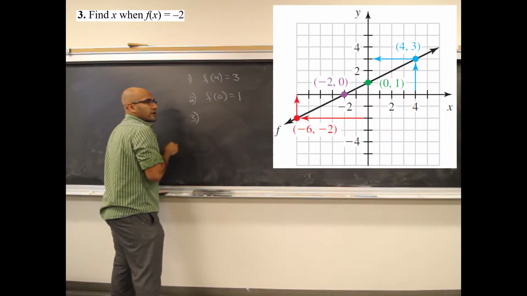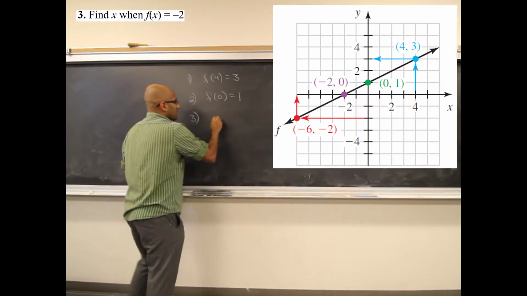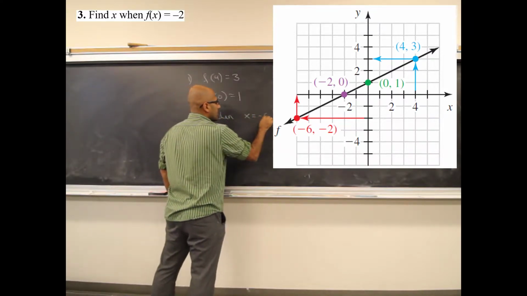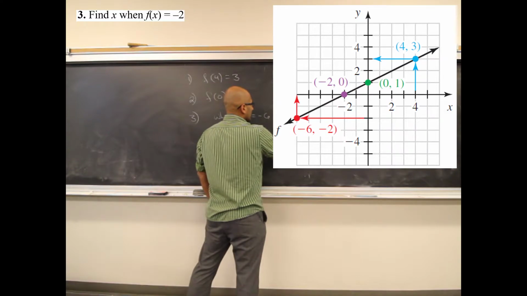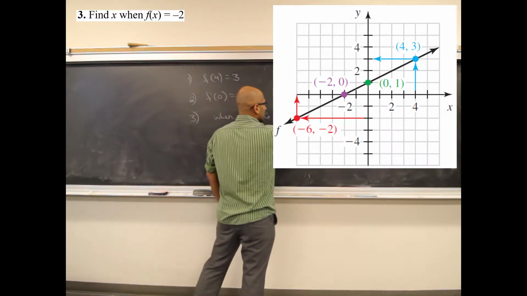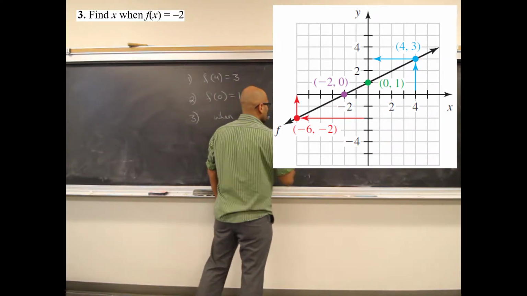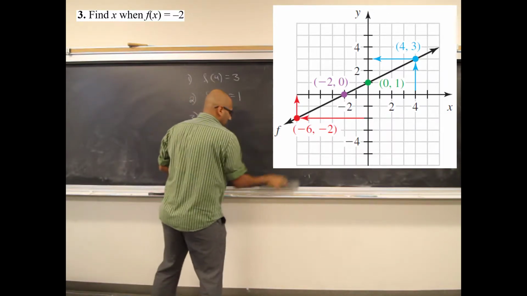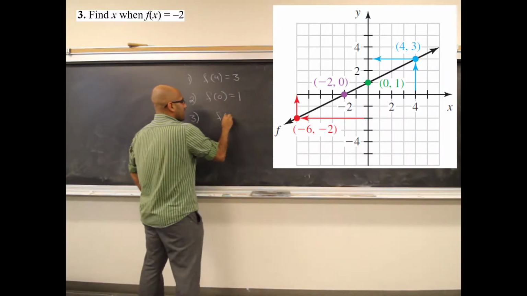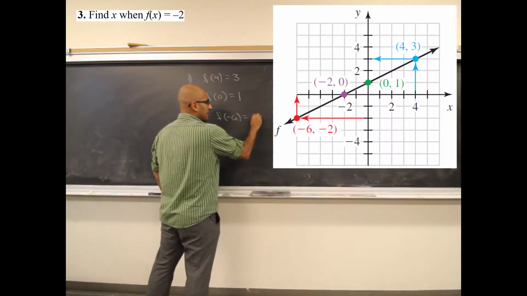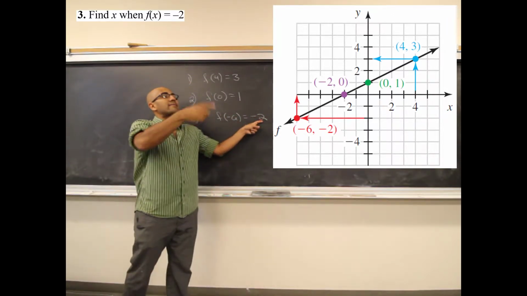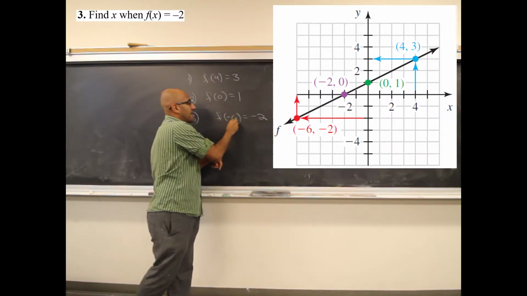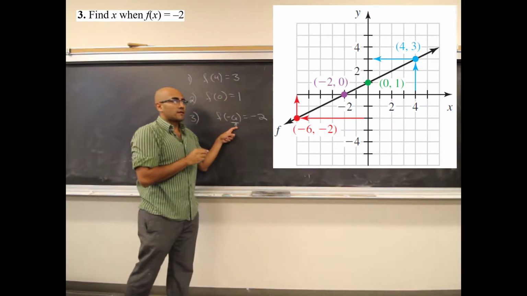For the third one, when x equals negative 6, f of x equals negative 2. That's kind of an ugly statement, so we're saying that f of negative 6 equals negative 2. But we were asked to find the x value whose answer is negative 2, and we found that that x value was negative 6.